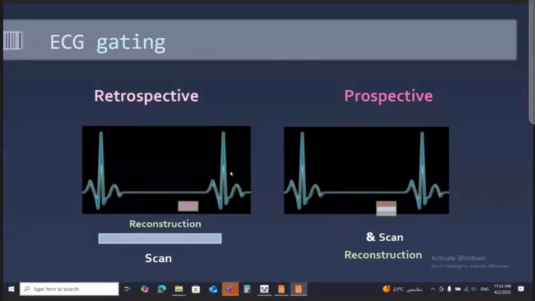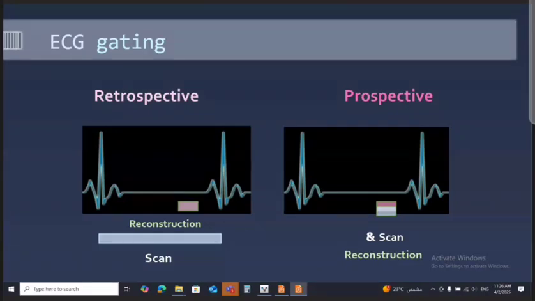The retrospective ECG gating have the advantage of acquiring images at different phases of the cardiac cycle, and this allows us for evaluation of the cardiac function, because we have images in systole and diastole, and allows us to have the coronary arteries at different phases. Sometimes the diastolic images are affected by cardiac motion artifacts, and in this case you can refer to the systolic images.